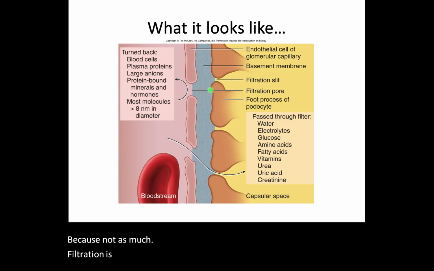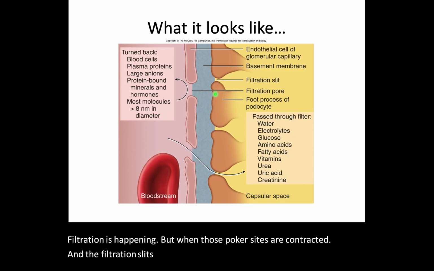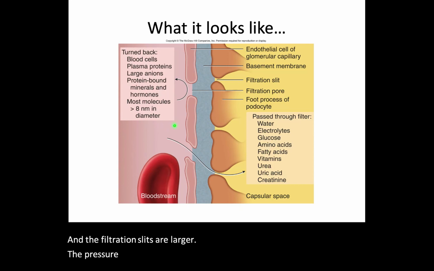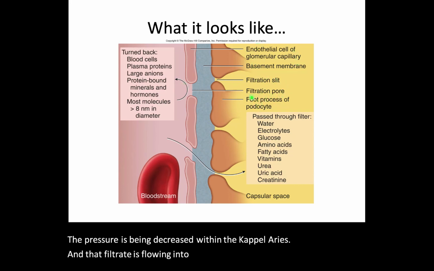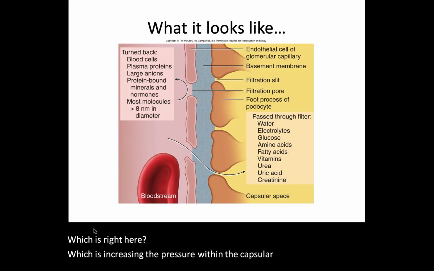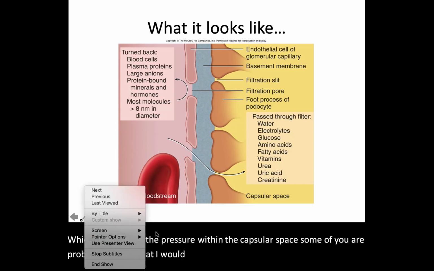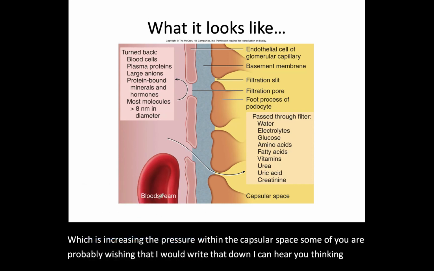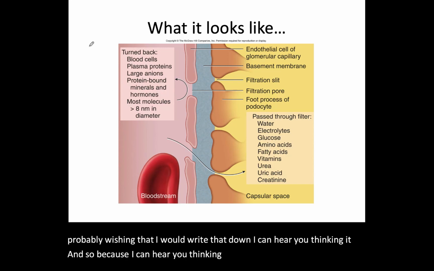But when those podocytes are contracted and the filtration slits are larger, then the pressure is being decreased within the capillaries, and that filtrate is flowing into the capsular space, which is right here, which is increasing the pressure within the capsular space. Some of you are probably wishing that I would write that down. I can hear you thinking it, and so because I can hear you thinking it, I will do it.